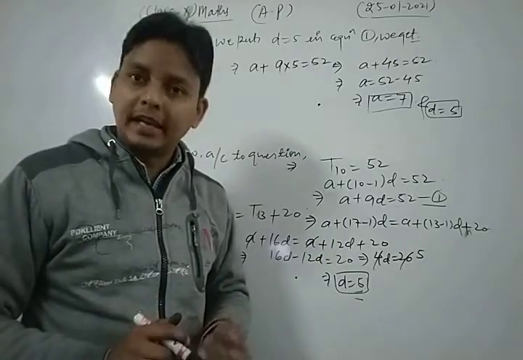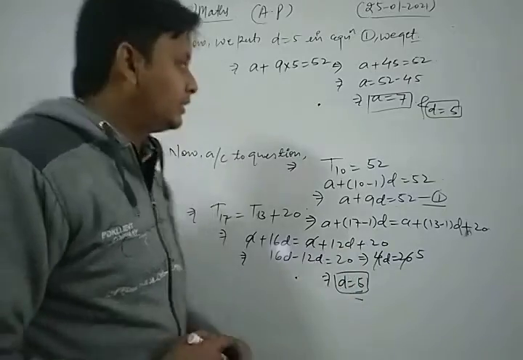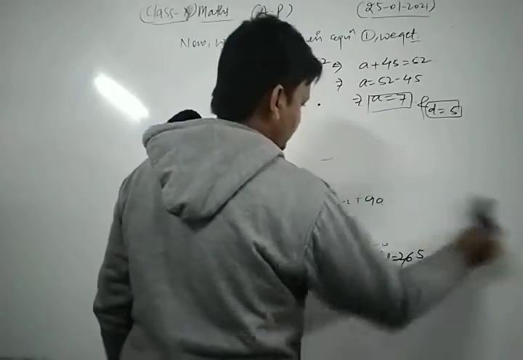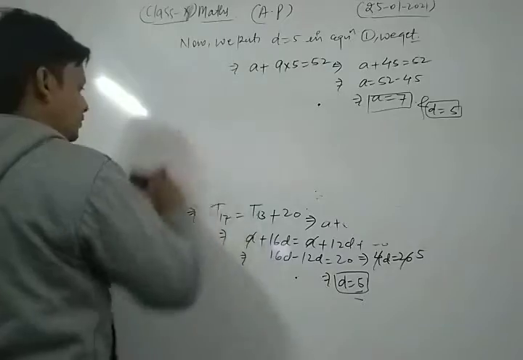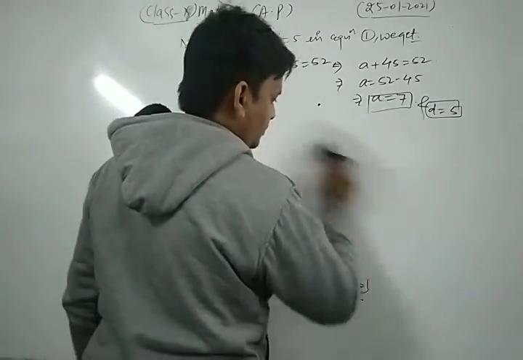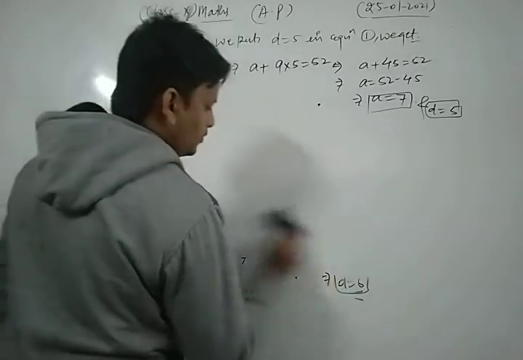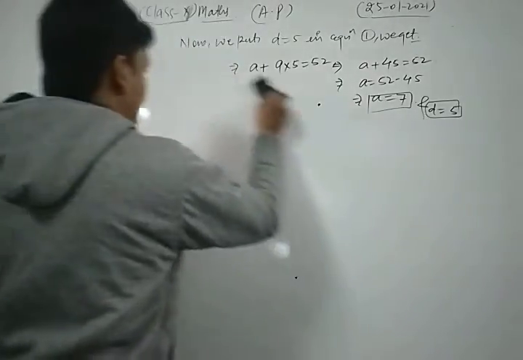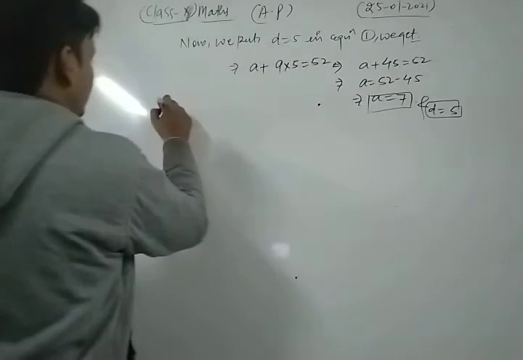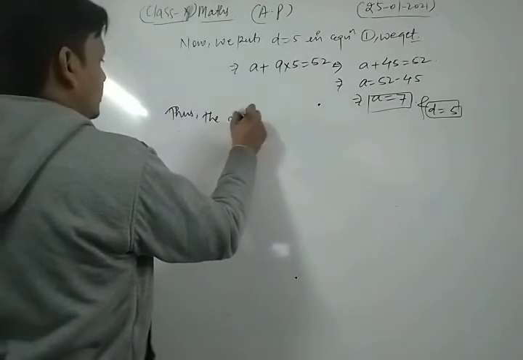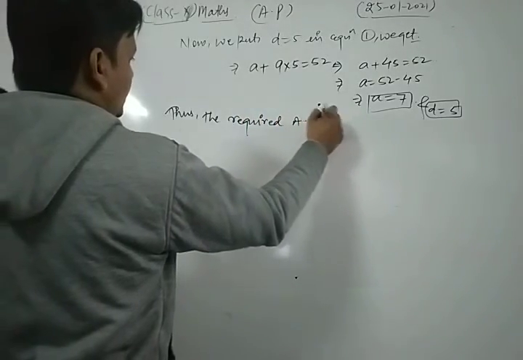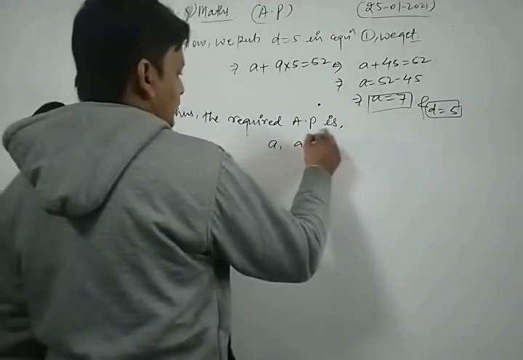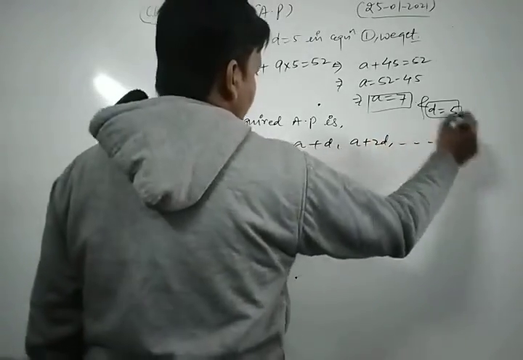Now we apply the formula for the AP. Thus the required AP is A, A plus D, A plus 2D, and so on.